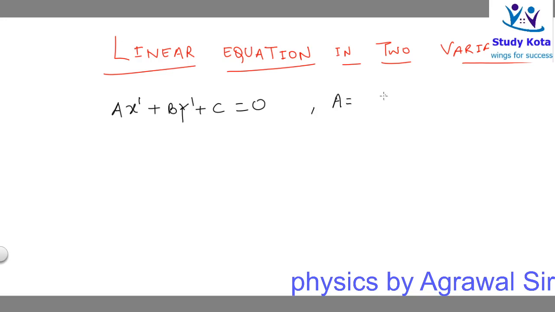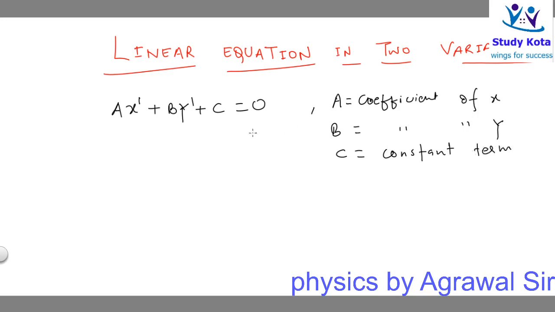A is a coefficient of x. B is coefficient of y. And C is a constant term. This is the linear equation in two variables.